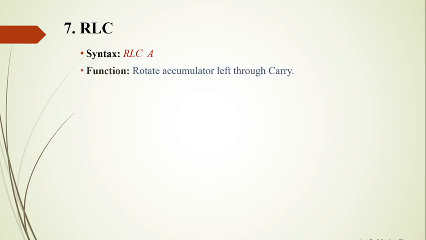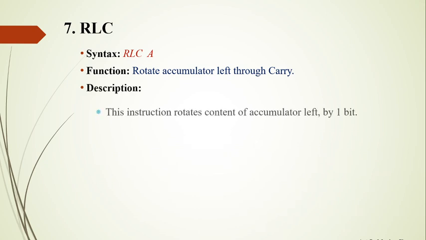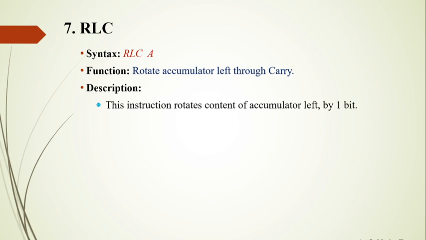RLC, that is rotate left through carry. Syntax for this instruction is RLC A. Again, this instruction rotates the accumulator left through carry. This instruction rotates content of accumulator left by 1 bit.